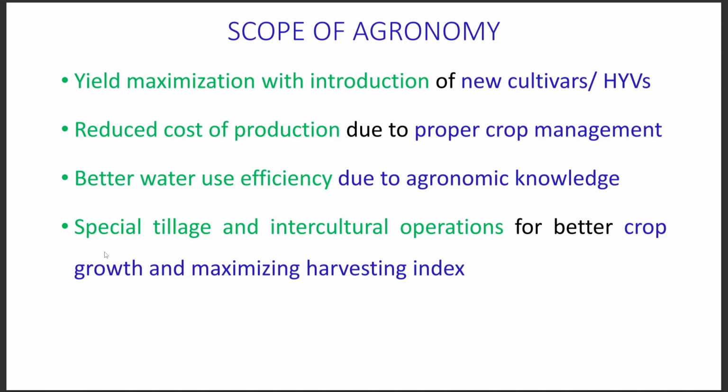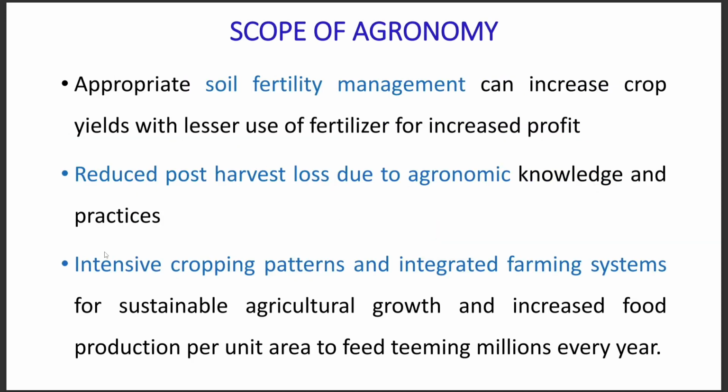And for better crop growth and maximum harvest index, we should know all the operations that can be provided by the agronomy branch. So we can manage the proper fertility, which will increase the yields, and with lesser use of the fertilizer for increased profit.